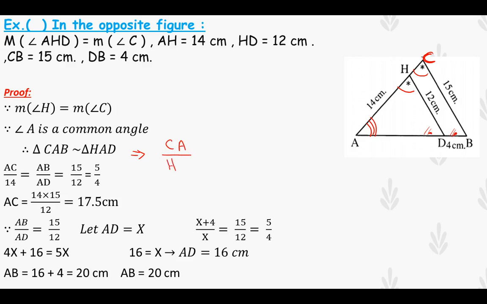CA over HA will equal AB over AD, and this equals CB over AD.